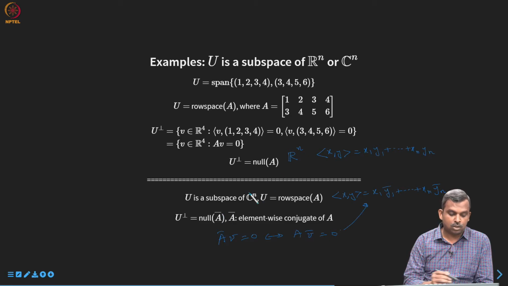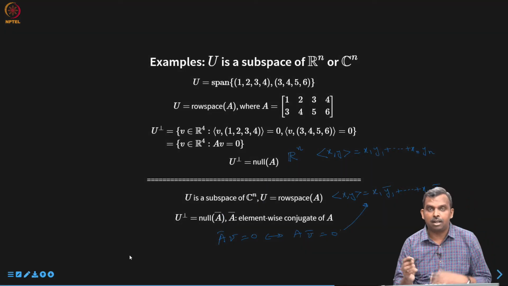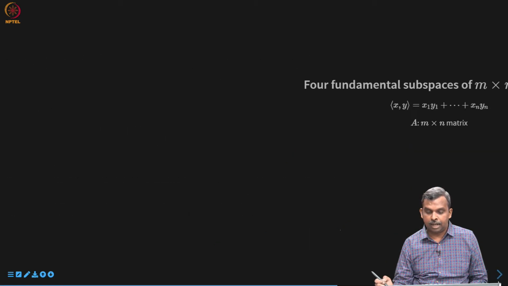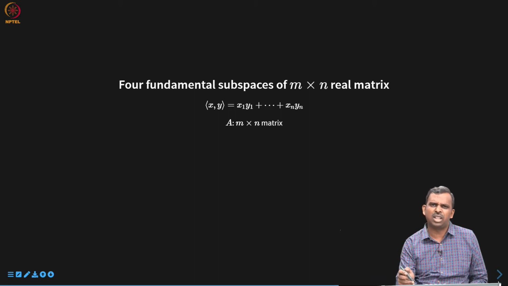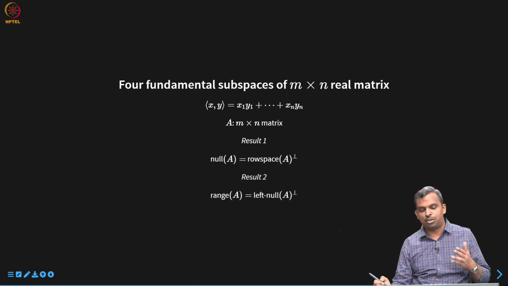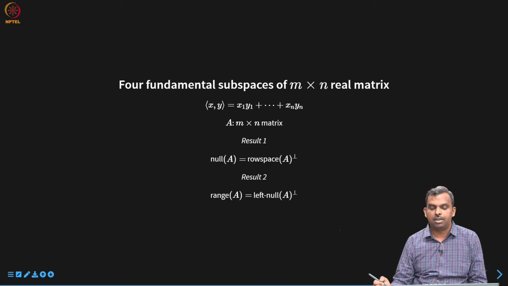We see that this complement and the four fundamental spaces of matrices are connected, and one can write it down, particularly for the real case. The real case is very easy: the null space of A is the orthogonal complement of the row space of A. You can also do it for range: you define the left null space, and range will be the orthogonal complement of the left null space. This is a good result to see.